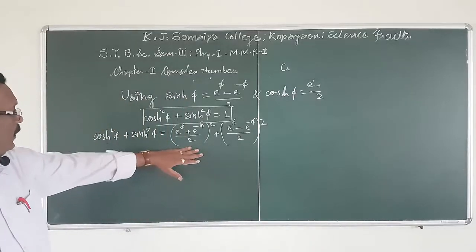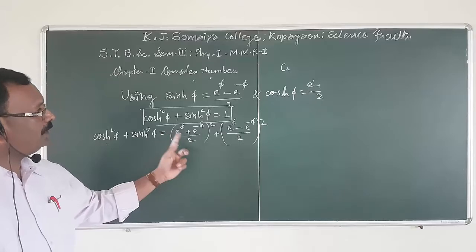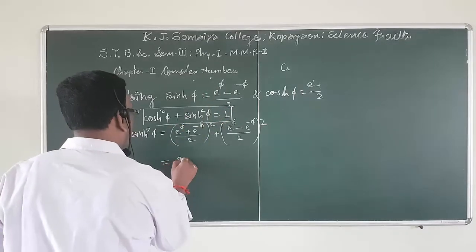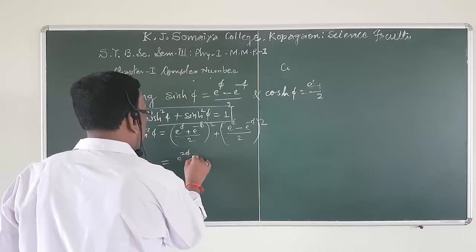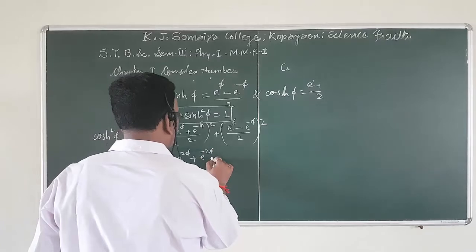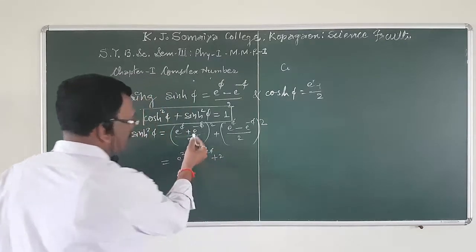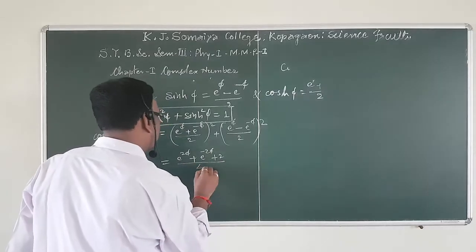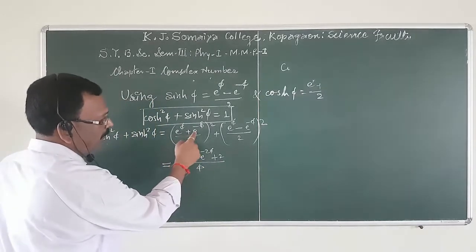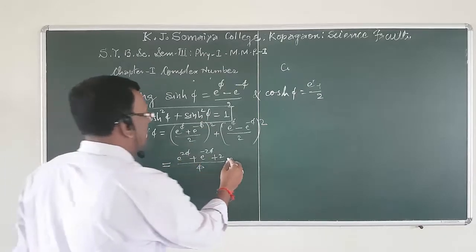This is the value of cos square phi and this is the value of sin square phi, which is already given in our problem. Solve this, we have e^(2 phi) plus e^(-2 phi) plus 2 upon 4. When we solve the first bracket square, we use (a plus b) whole square, and the square of 2 is 4.